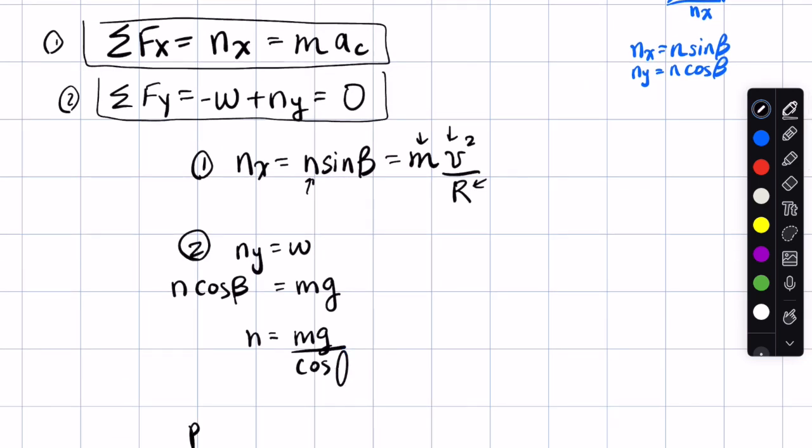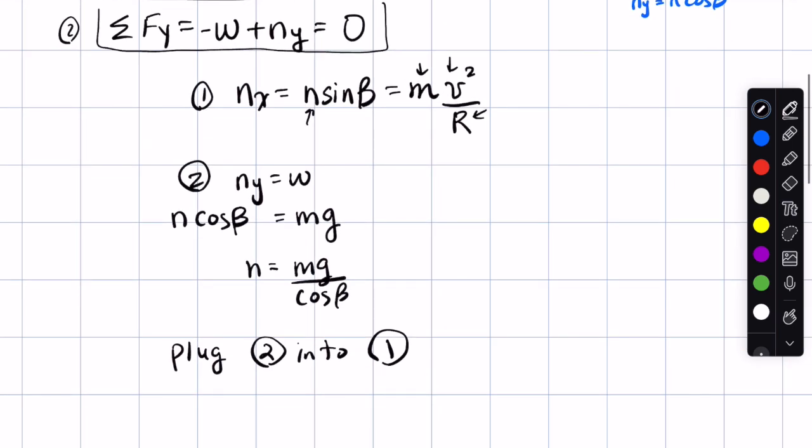So plug 2 into 1. So we have n, which is mg over cosine beta, times sine beta equals mv squared over r.